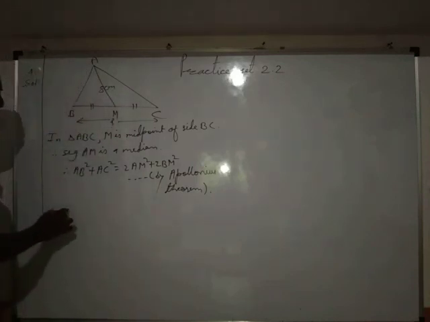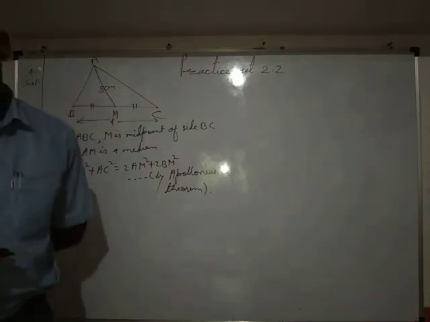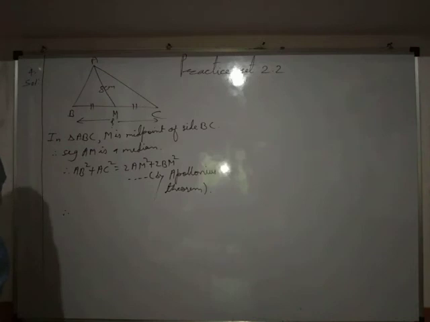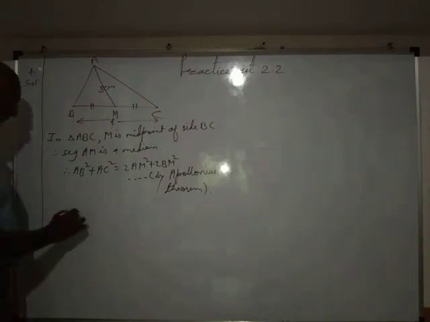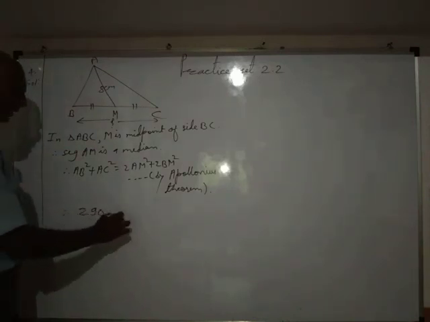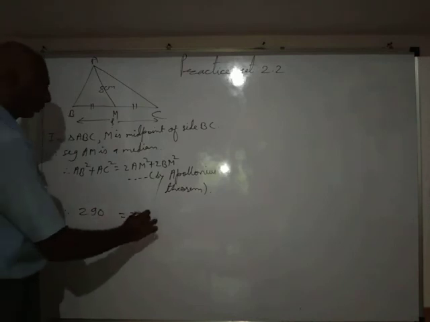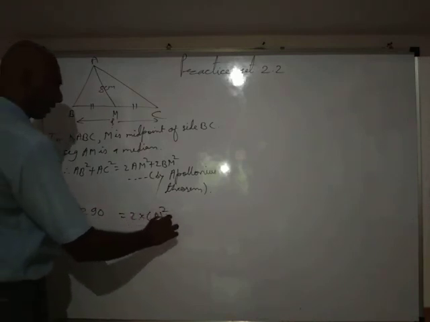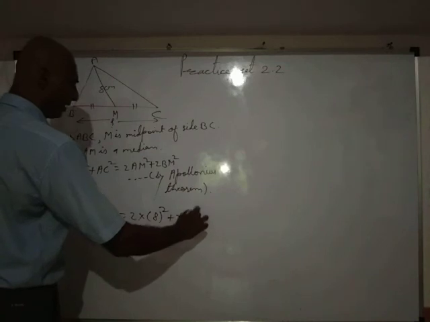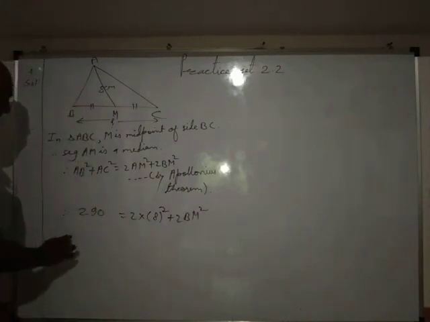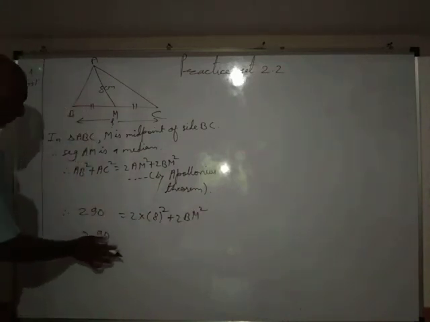Already he gave AB square plus AC square as 290 cm square, so 290 equals 2 into 8 square plus 2 BM square.